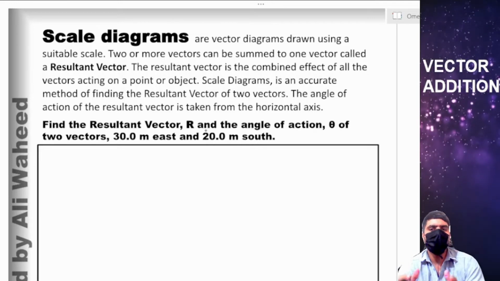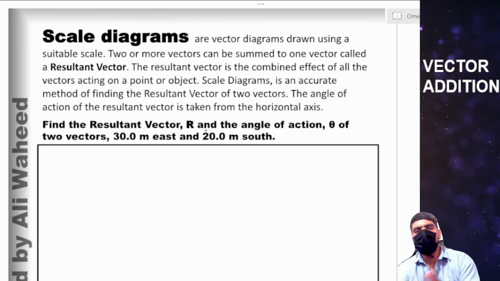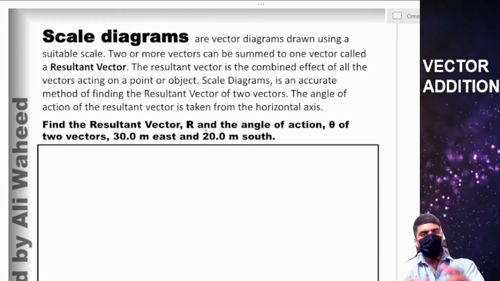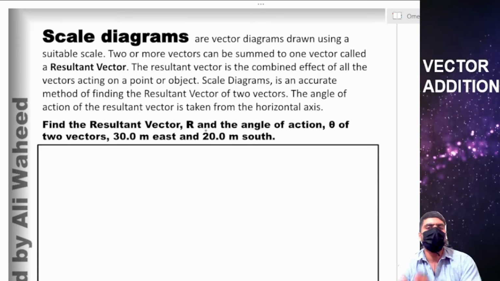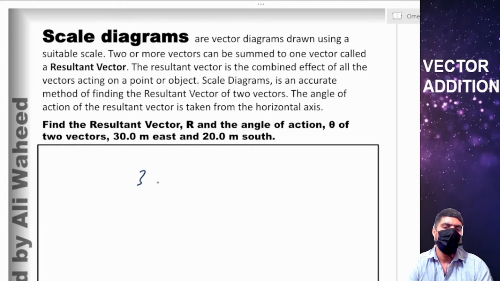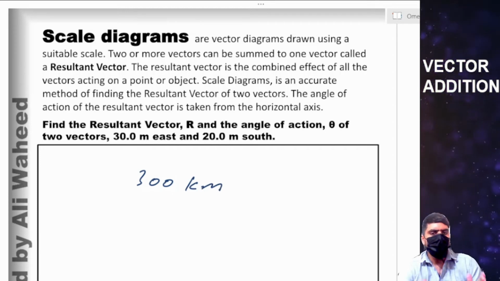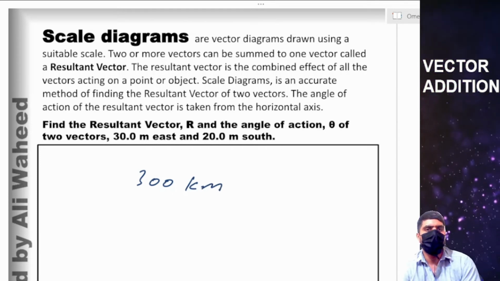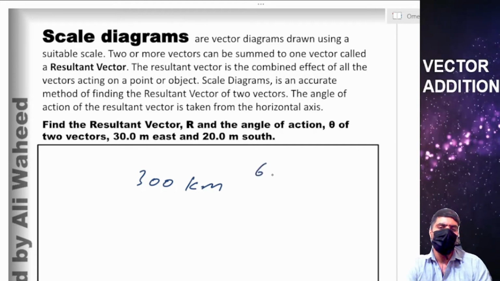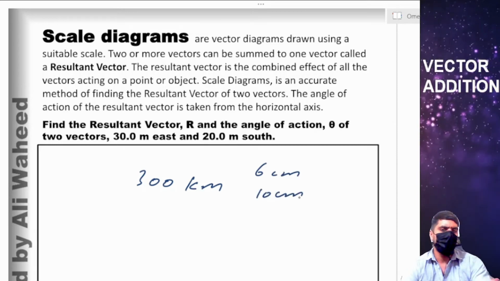So in those maps, the actual distance between 2 points, let's say between two cities, is compressed down to a certain scale. So let's say the actual distance between two cities is 300 kilometers, but on the map we don't show the distance to be 300 kilometers. If you measure on the map with the help of a ruler, that distance might be 6 centimeters, or 10 centimeters, depending on the size of the map.